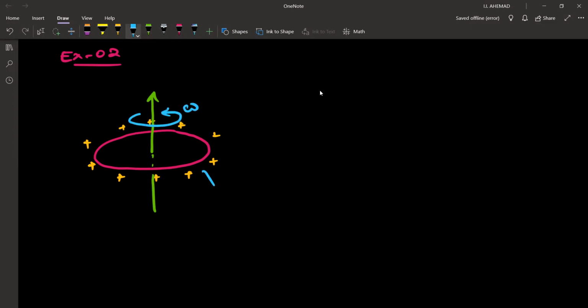Here the charge is Q. We have to find the current I.